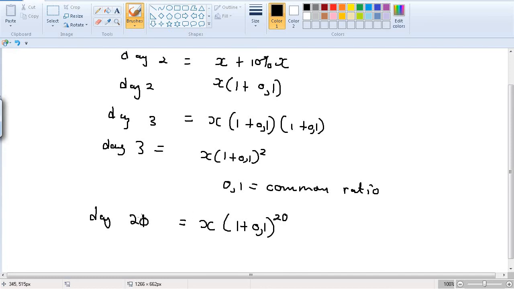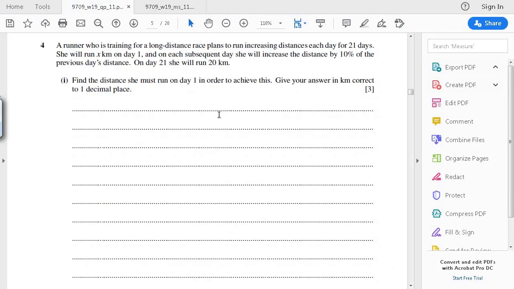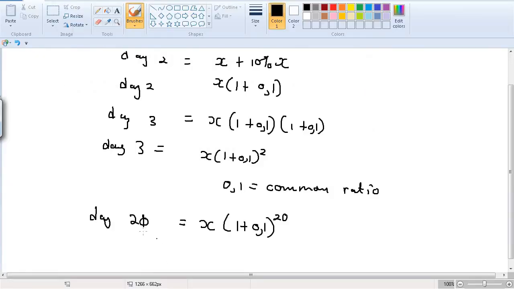But in our question, they are telling us already that on day 21 she will run 20 kilometers. So 20 kilometers is equal to x multiplied by 1.1, because 1 plus 0.1 is 1.1, to the power 20.